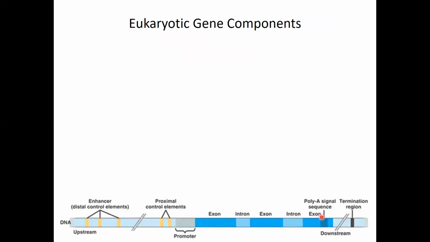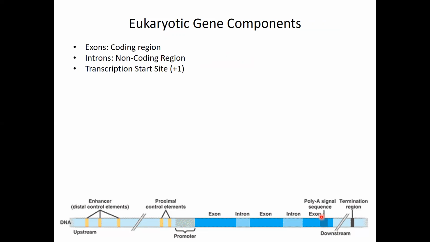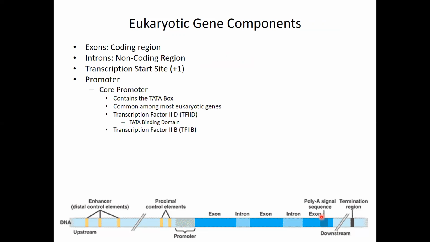So what do you guys remember about the eukaryotic gene components? We have exons, which are the coding regions, introns, which are the non-coding regions, the transcription start site, then we have the promoter. In a eukaryotic gene, we have a core promoter.